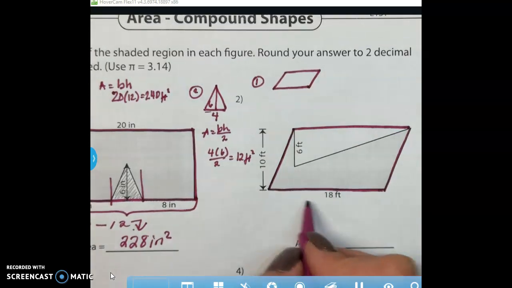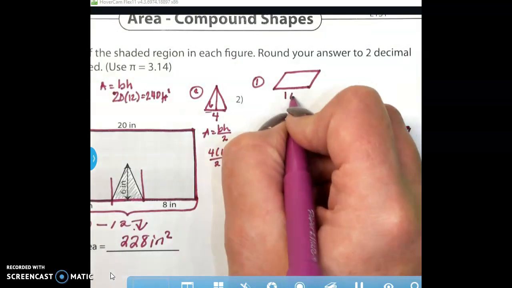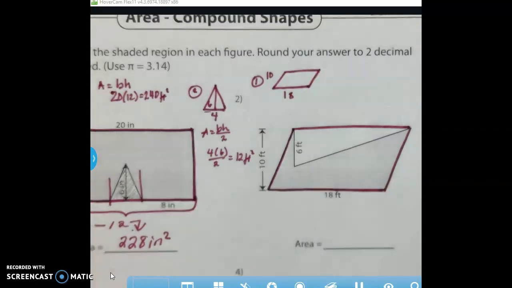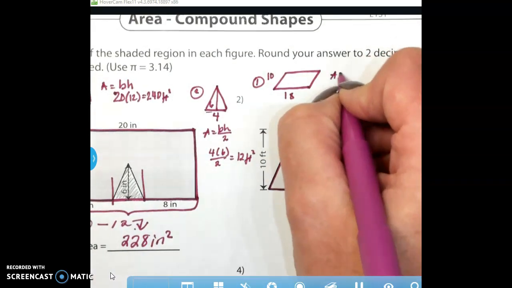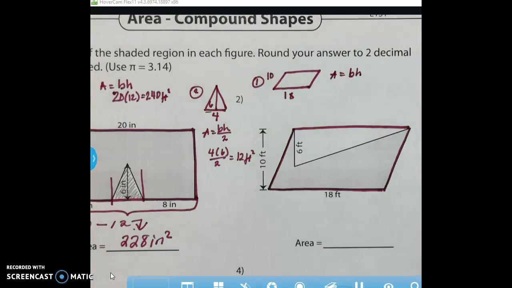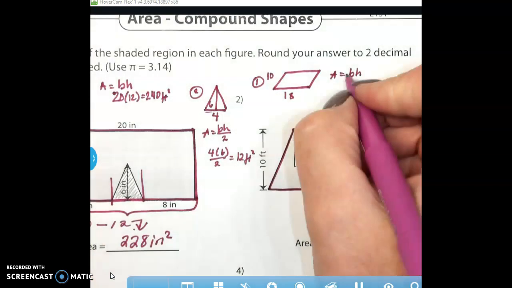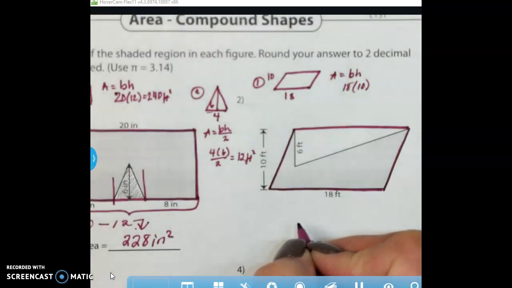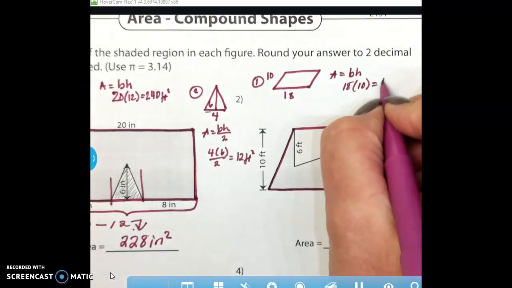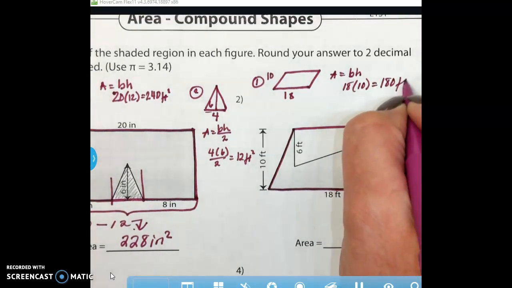The measurements for this parallelogram were 18 by 10. Parallelograms use the formula for the area of a rectangular shape, which would be 18 times 10. These are my numbers. That's going to give us 180 square feet.